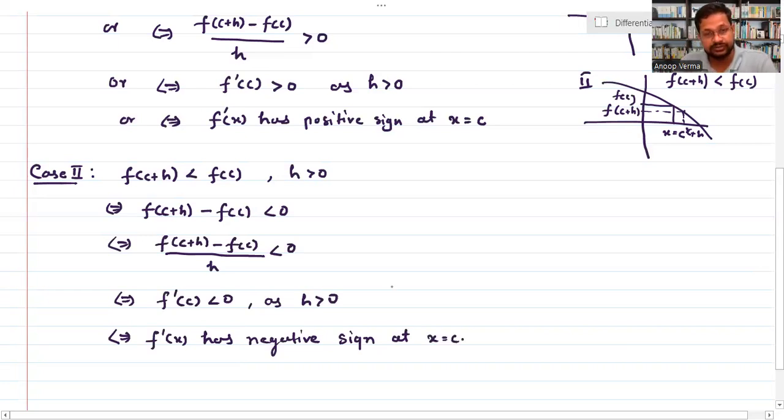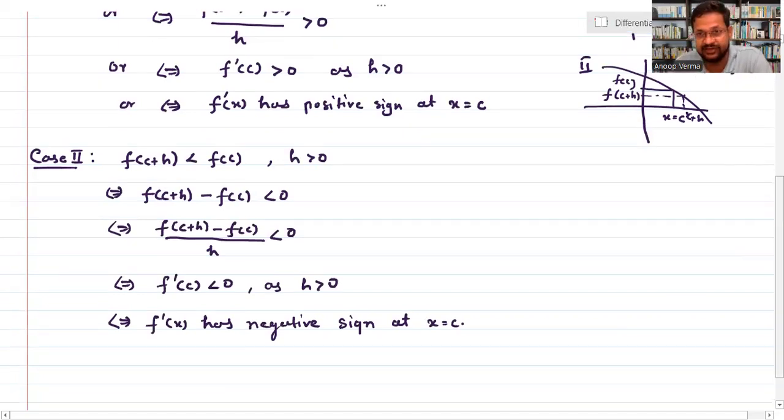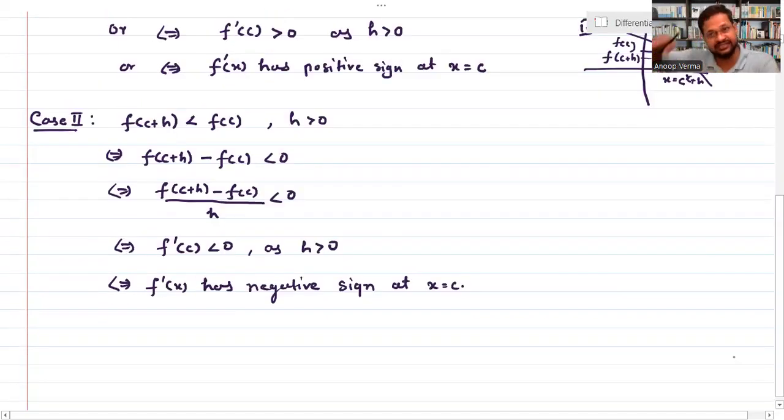Okay, so you can see clearly if a function is increasing, its derivative will be positive. If the function is decreasing at the point, its derivative value will be negative.